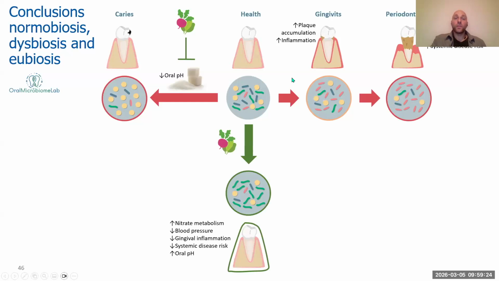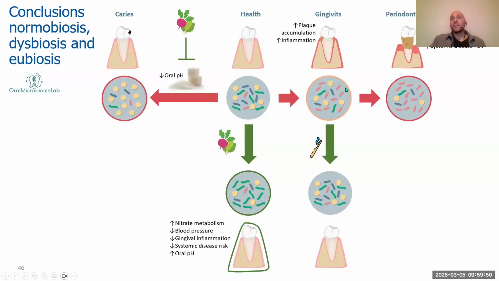Then consuming vegetables is good for the oral microbiota. Health-associated bacteria increase in number, and vegetable consumption is also associated with a higher nitrate reduction capacity, a decrease in blood pressure, a decrease in gingival inflammation, a decrease in systemic disease risk, and an increase in oral pH.